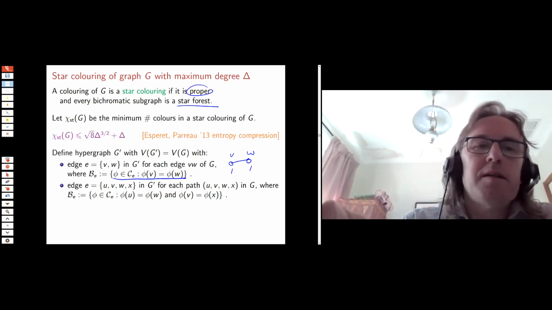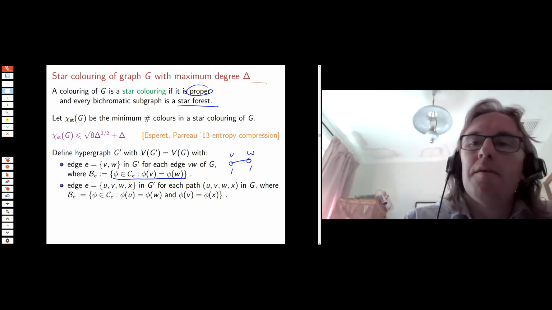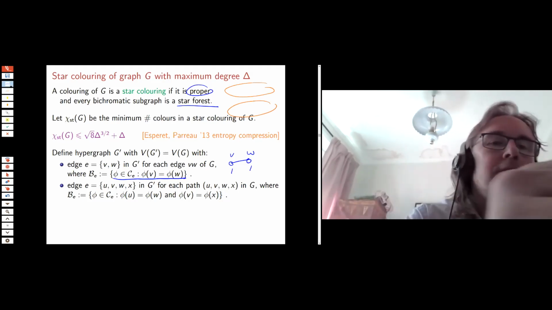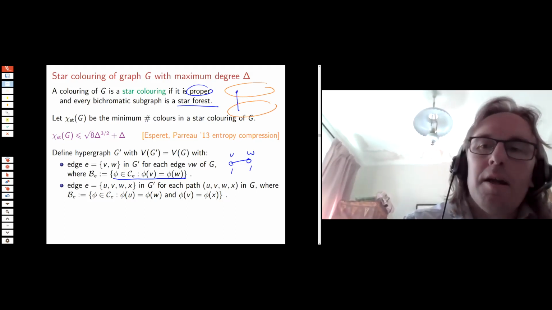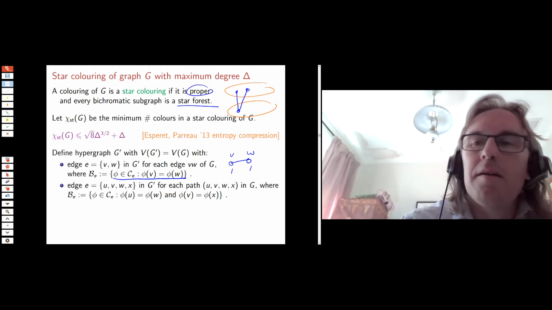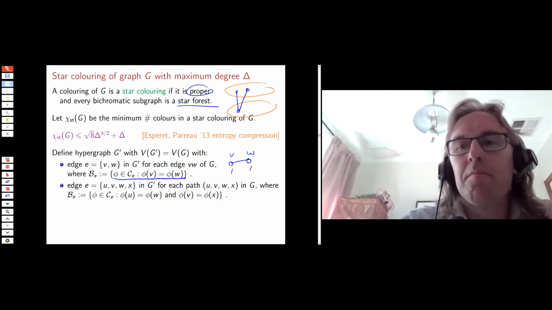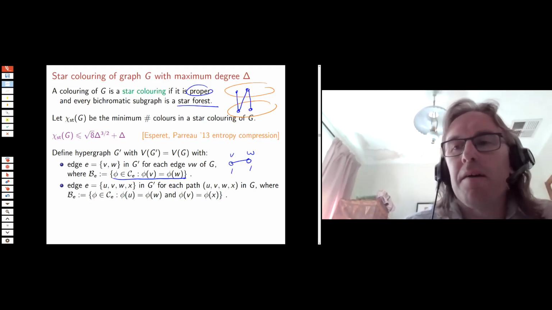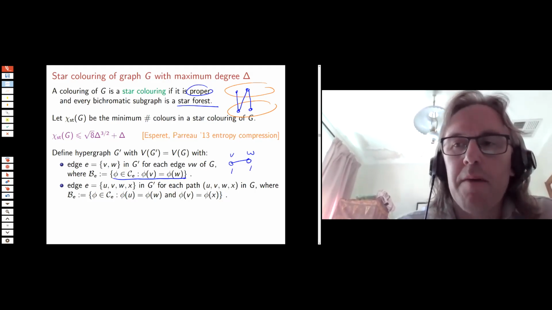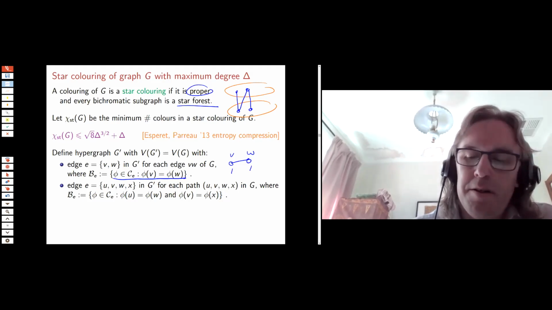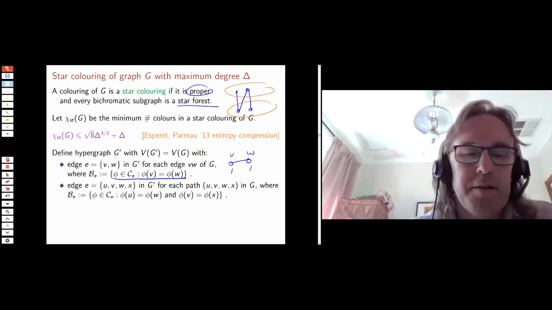Now, what does it mean to be a star forest? Well, think about a star forest. You can have a 3-vertex path, but you cannot have a 4-vertex path. 4-vertex paths are not allowed to be bichromatic in a star forest, and that characterizes star forests.